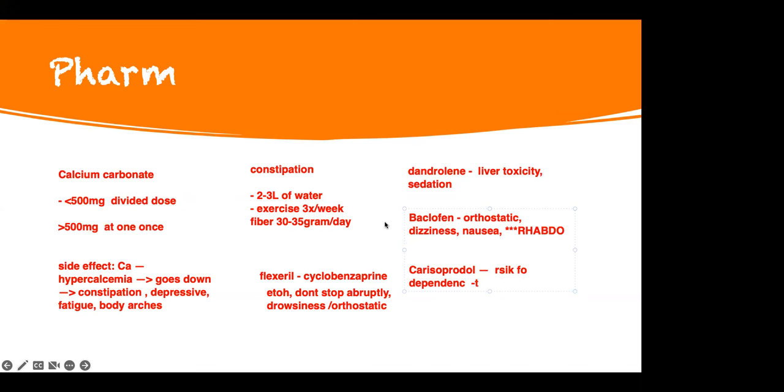So they taper it slowly. And they don't take any alcohol with them. These are the quick forms. These are all the muscle relaxants. If you see them somewhere, it's all that you need to pay attention to and know about. And these are examples of them for musculoskeletal.